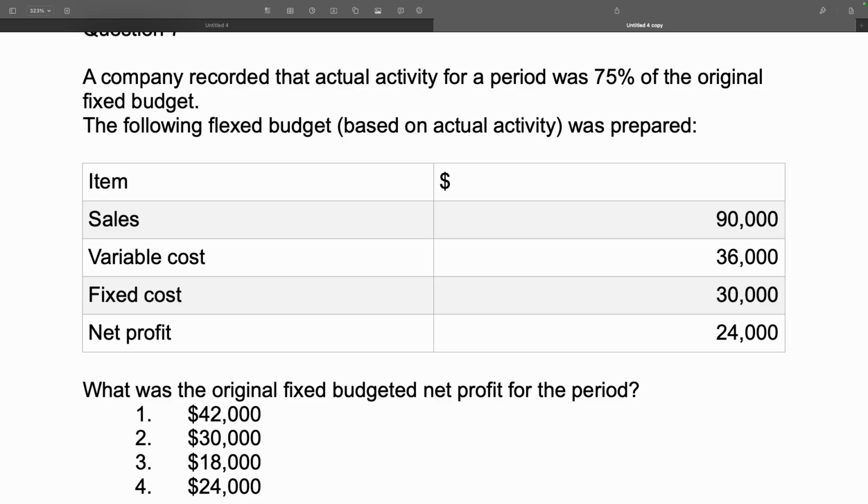Can you calculate that one? What's the answer, guys? A, B, C, D. Give me an answer.